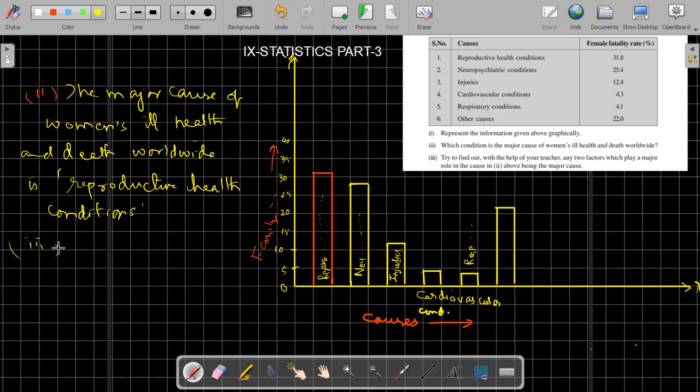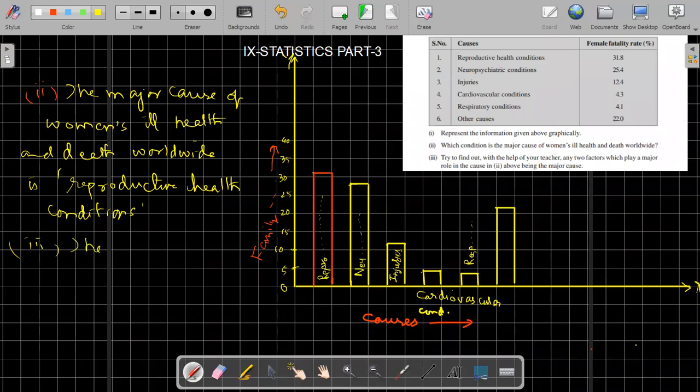Third, try to find out with the help of your teacher any two factors that play a major role in the cause. Why is this happening, women's illness and death? So there are two factors.